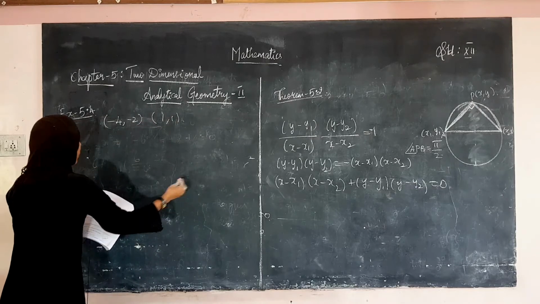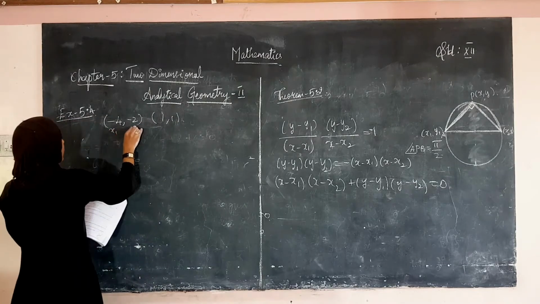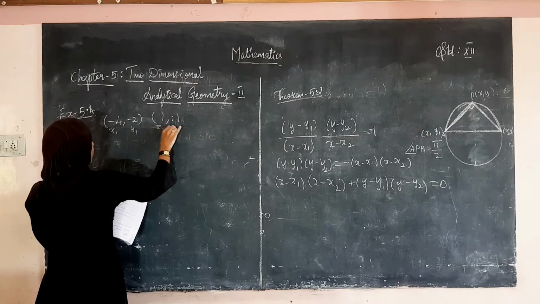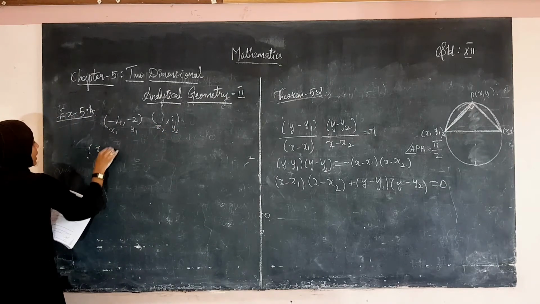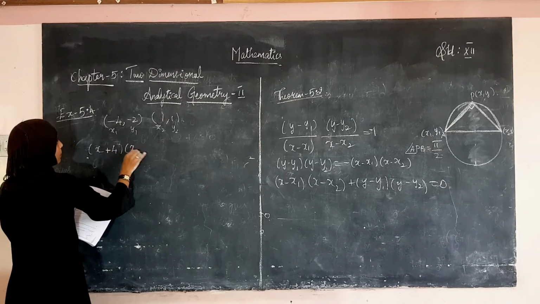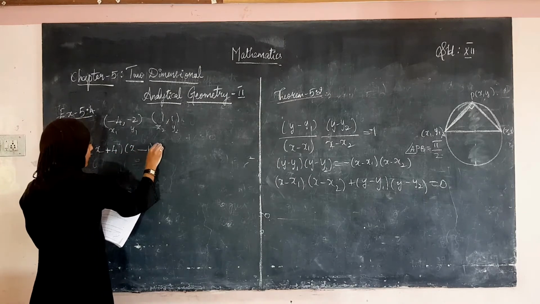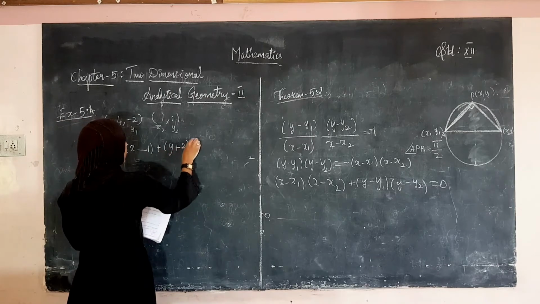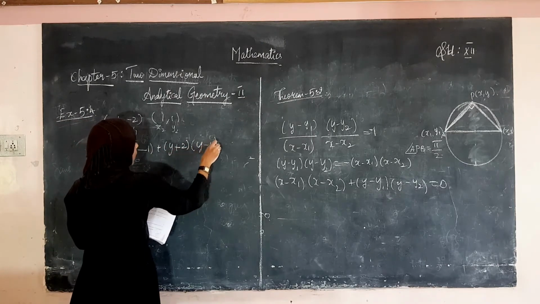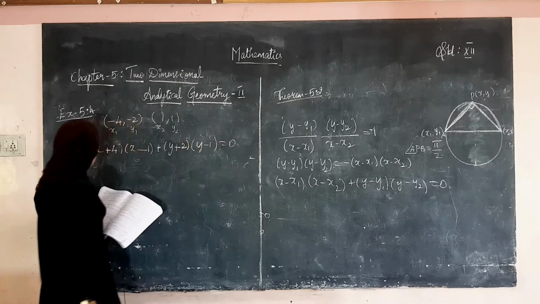So using this, how can we write? This is x1, y1, x2, y2. Substitute in that: (x minus of -4) into (x minus 1) plus (y minus of -2, which is +2) into (y minus 1) equal to 0.